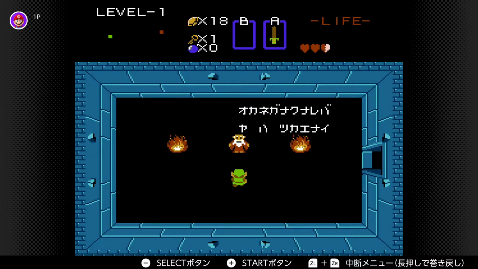Okane ga, we add the subject particle ga. Naku nareba, naku from the adjective nai, which means to not be, in the sense to not have.